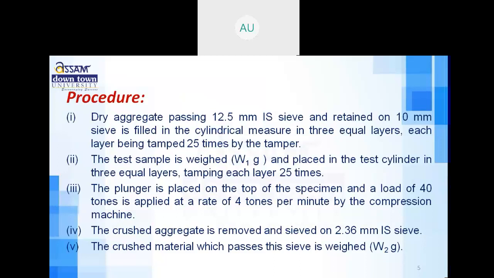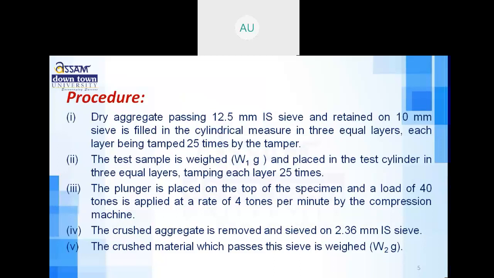The plunger is placed on the top of the specimen and the test apparatus along with the plunger is placed on the compression testing machine and a load of 40 tons is applied at a rate of 4 tons per minute. The crushed aggregate is removed and sieved on 2.36 mm IS sieve.